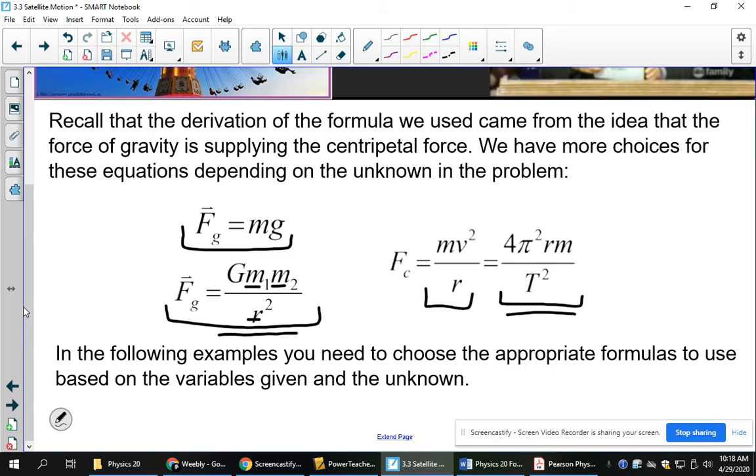So although we give you a lot of equations on your formula sheet, I prefer to teach this where you derive your own equations based off of this initial setup. Then you're going to sub in the equation that you want for centripetal force and the equation that you want for force of gravity. Then there's a lot of algebra that can be done to simplify because I know some of these equations look quite complex. So we need to pick the right ones in the next examples.